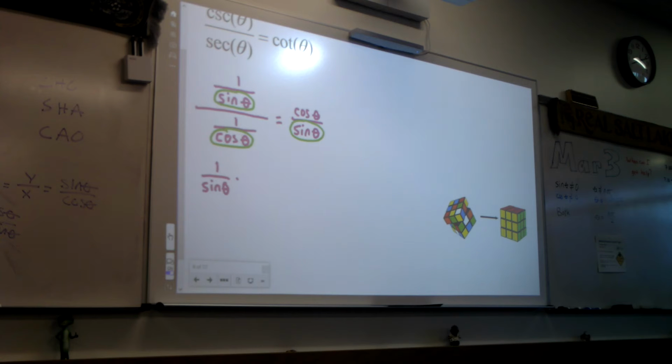And what do we do with the 1 over cosine? Flip it so it's cosine over 1. I saw Adam say, oh, because he already saw it, what's going to happen here? When I multiply these straight across, I get cosine over sine is equal to cosine over sine.